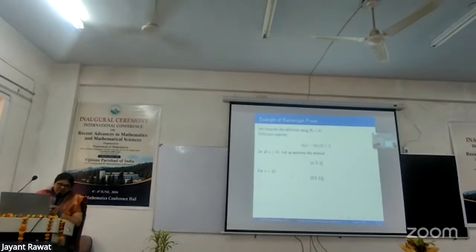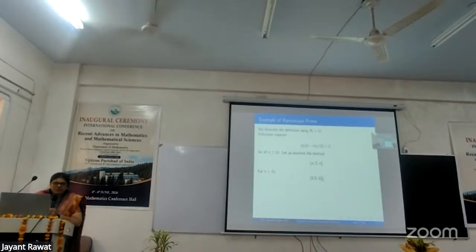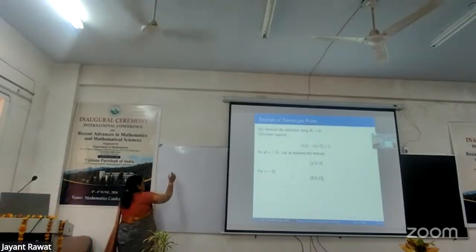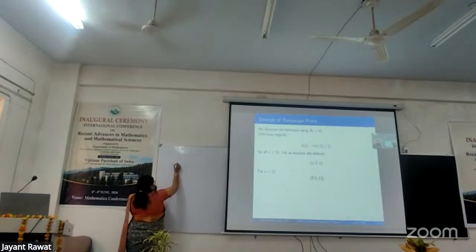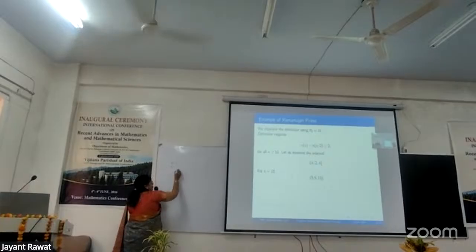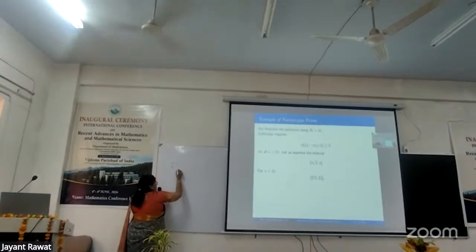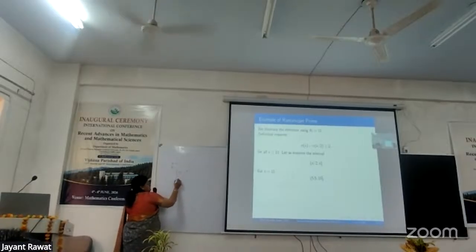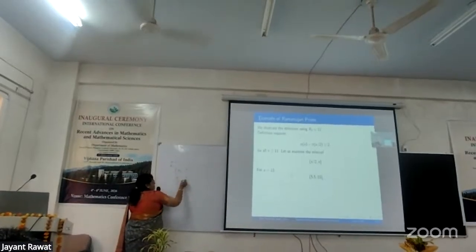So how to find this? The second Ramanujan prime is 11. So R2 is 11, and the value of n is 2. So pi(x) minus pi(x/2) is greater than or equal to 2. How? Because we are saying n is 2 and R2 is 11, so all the numbers should lie in the interval x/2 to x. It's 11 by 2, which is 5.5, and this is 11.